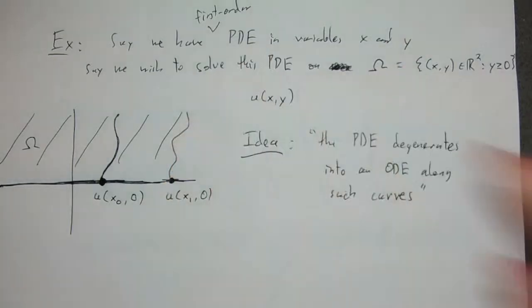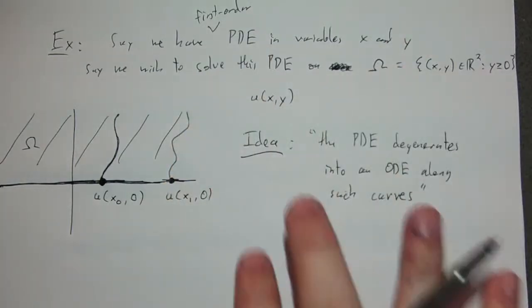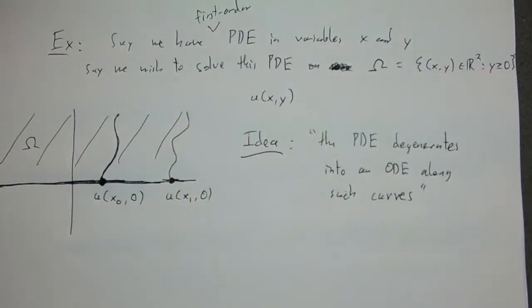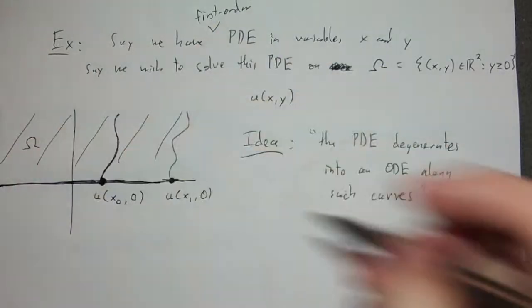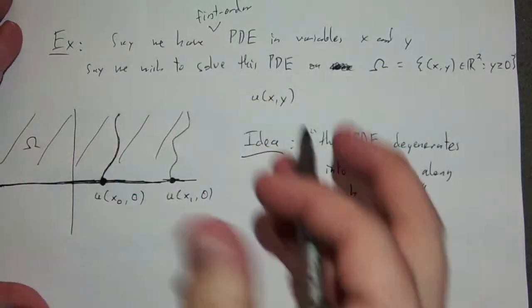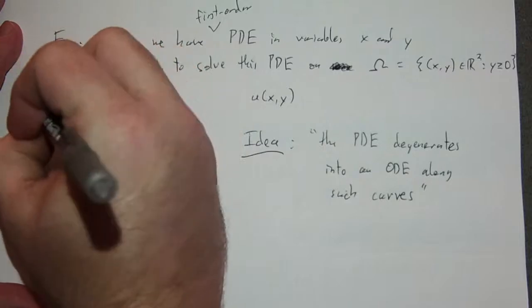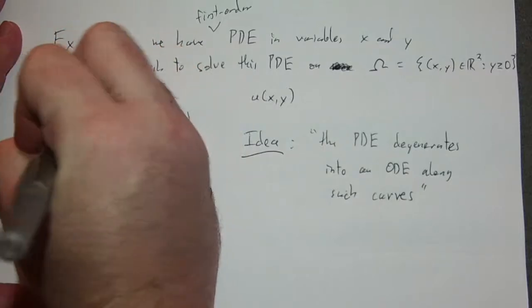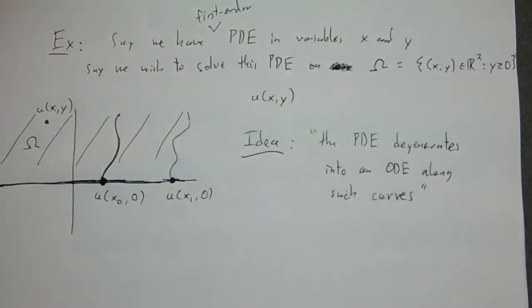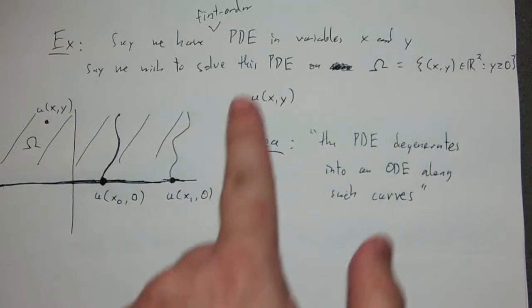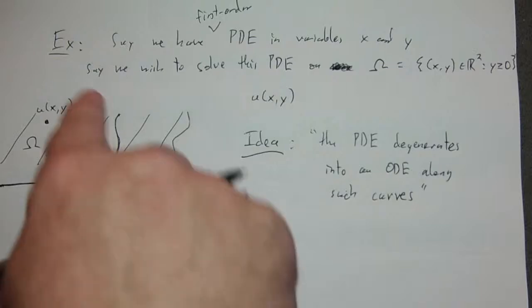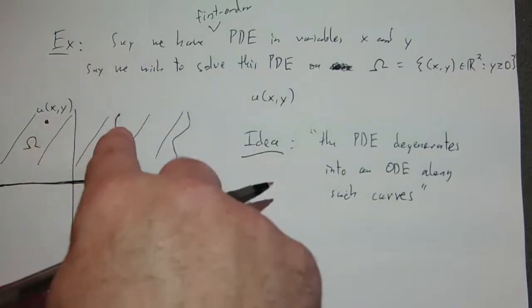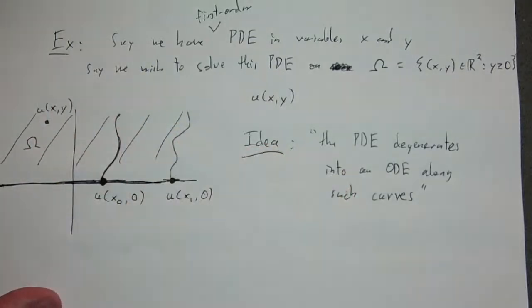But this is just along a single curve. So how is this method going to yield a general solution, u of x, y, at any point in the upper half plane? Our goal is to be able to describe the value of a solution to this PDE at any generic point in the upper half plane, not at a point along just this curve or just that curve.